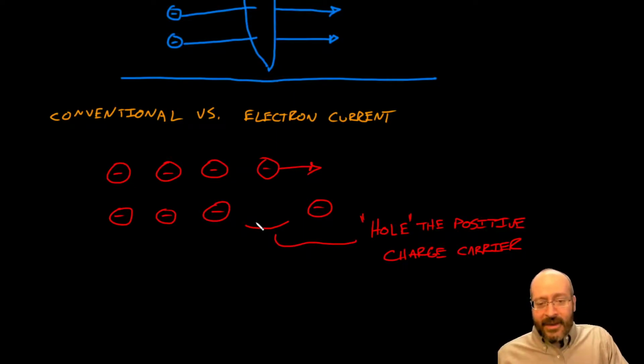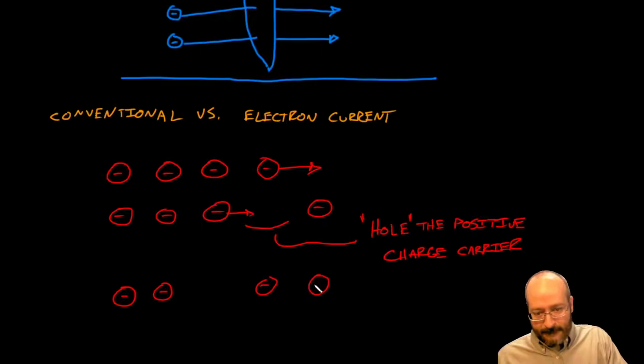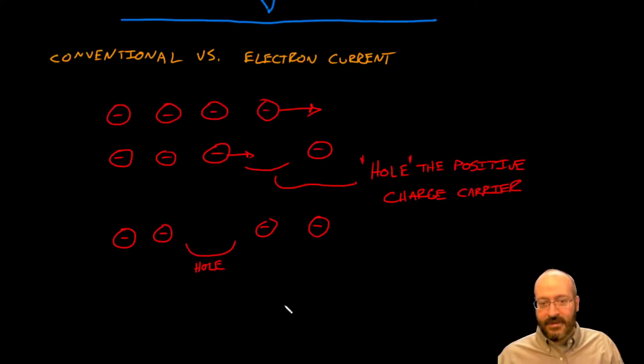Okay? So as we make that hole, the electron's going to move. Now that one's going to slide over here. And here's our hole. And we can continue this down this journey as we continue to slide our electrons.